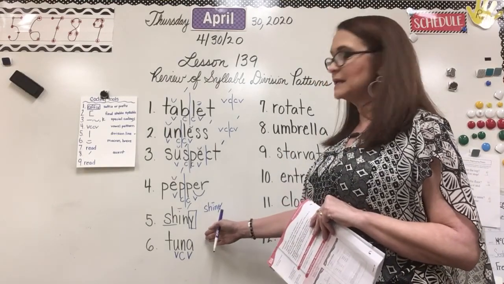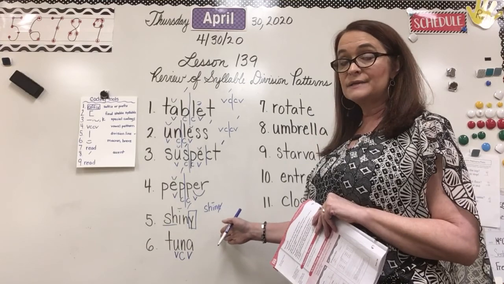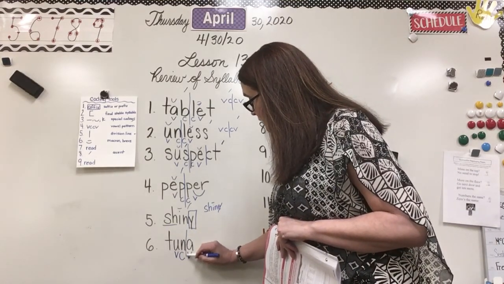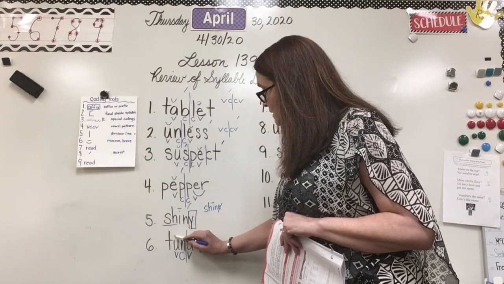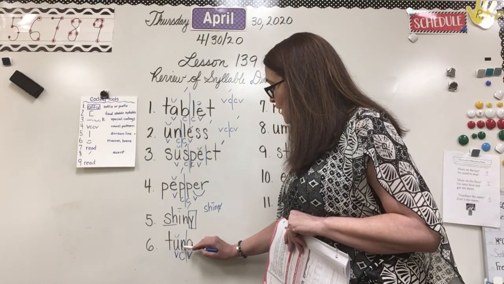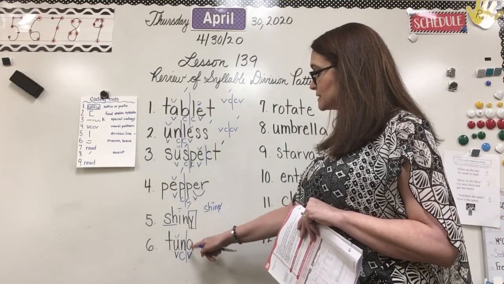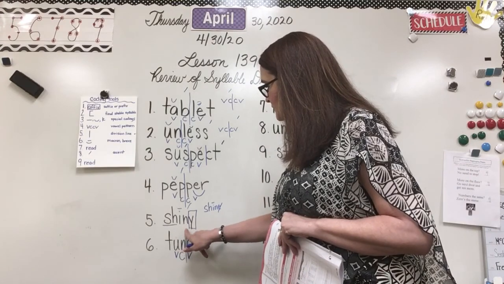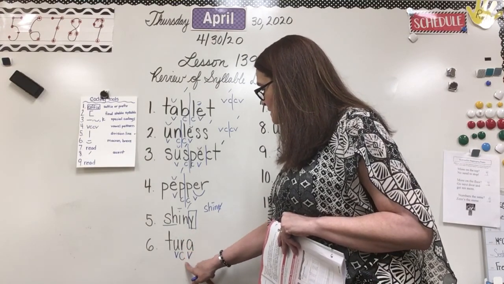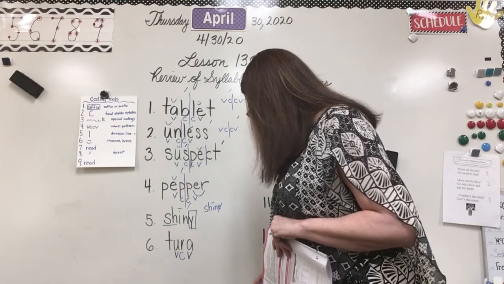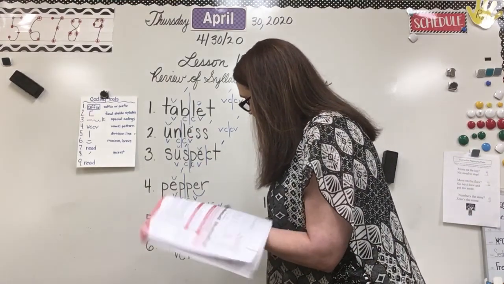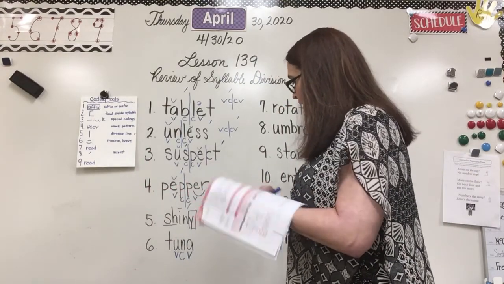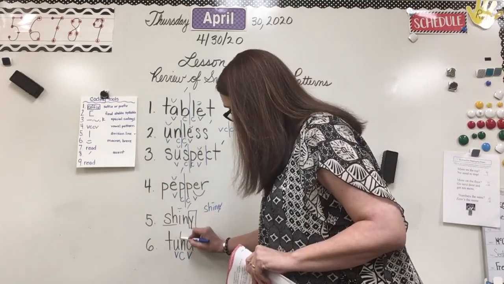Now, if you didn't know what this word was, you could play around a little bit. If you divided it here, this vowel would be short because it's a vowel followed by a consonant. It would be tan-a. Don't know that I've ever heard of tana. So I'm going to try a different way to divide it. I'm going to divide it after the U, right here.